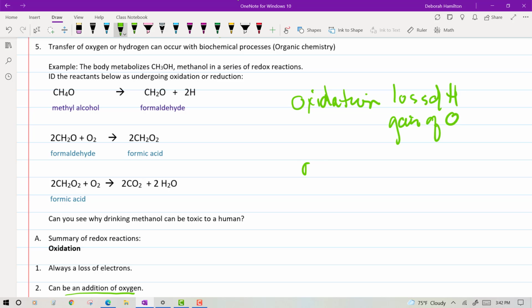Reduction is just the opposite: a gain of hydrogen or a loss of oxygen. So again, I'm going to stop the video and you look at the reactants, see what's happening to each one, and decide if it's undergoing oxidation or reduction. Pause it now.